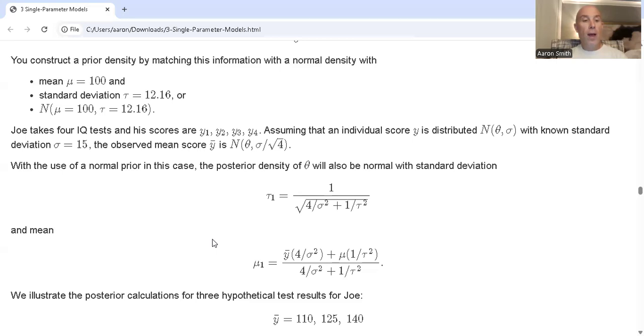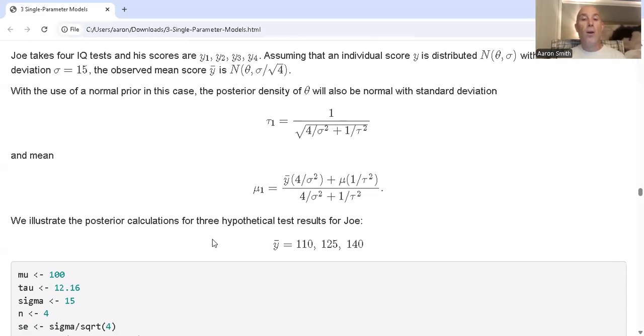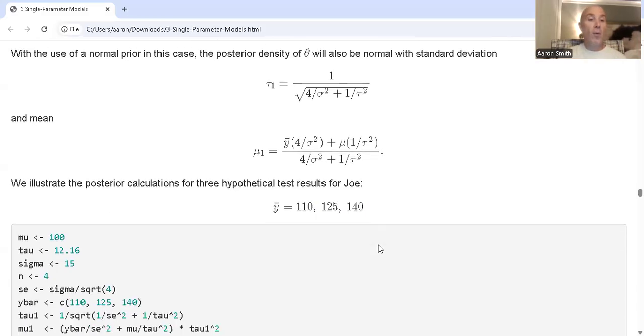So now I can illustrate the posterior calculations for 3 hypothetical test results for Joe. Let's say Joe takes the 4 tests and gets 110 as the average. As another, completely separate scenario, Joe gets 125 as the average, and 140 as the average, just to see a range of possibilities of what would happen.